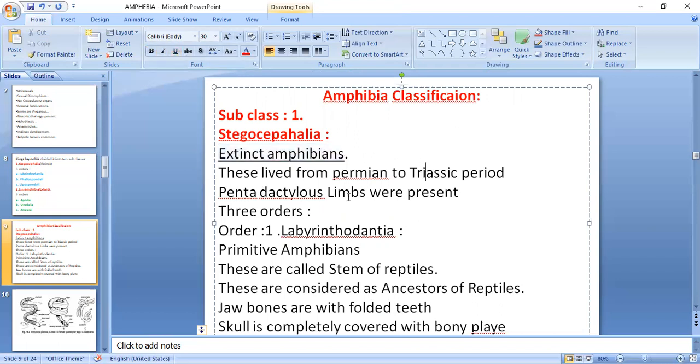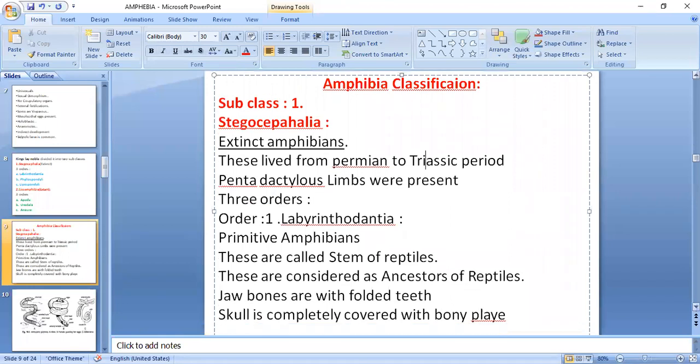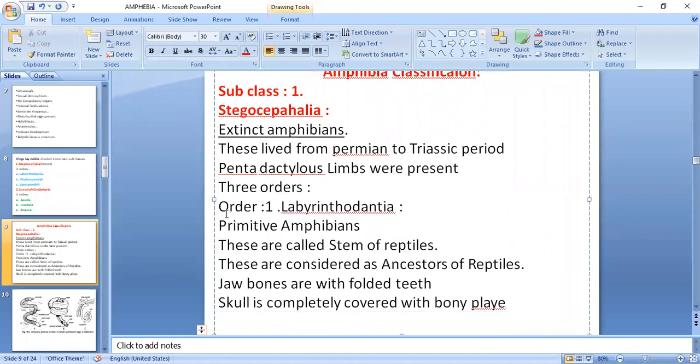Stegocephalians lived from the Permian period to the Triassic period, and these animals have pentadactylous limbs. The subclass Stegocephalia is again divided into three orders.